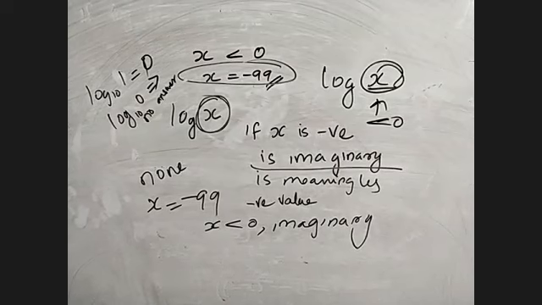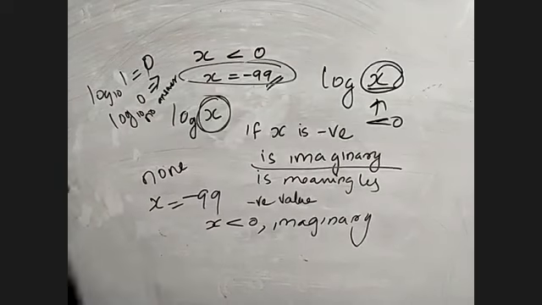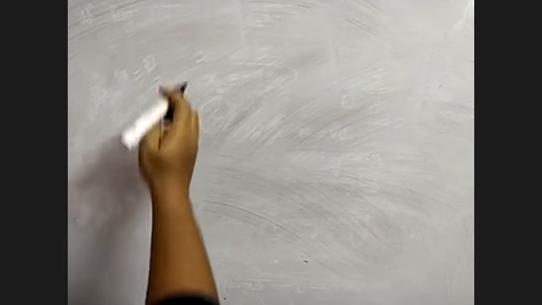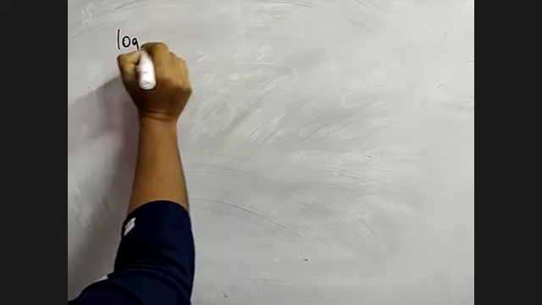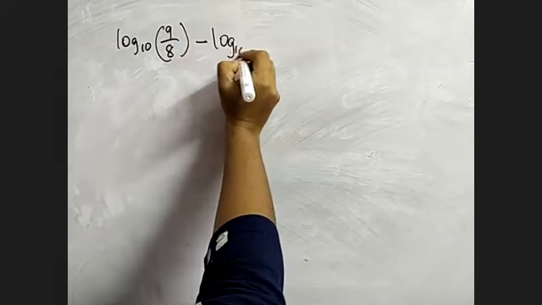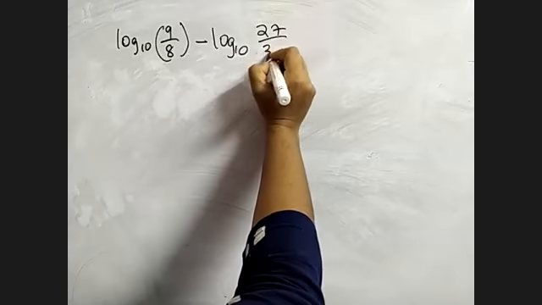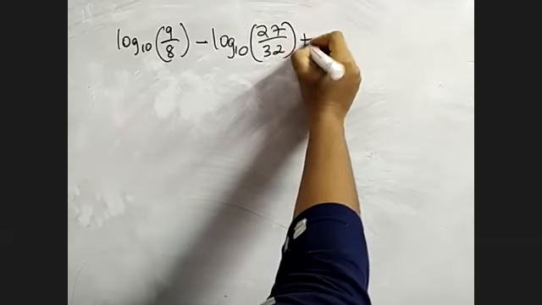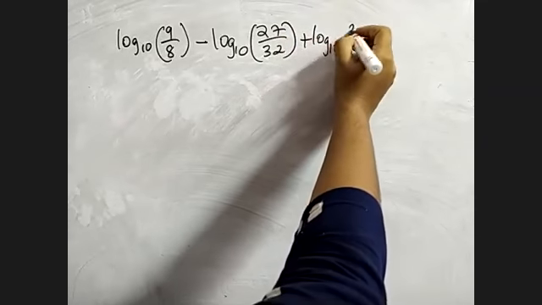Write down the next question. Do this. What is the value of log to the base 10 of 9 by 8 minus log to the base 10 of 27 by 32 plus log to the base 10 of 3 by 4?